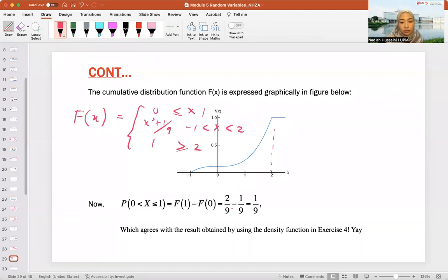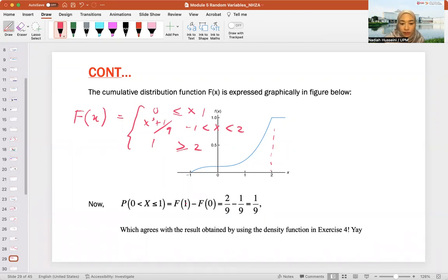They're asking you to find the probability from 0 to 1. If you have this function already done, you just plug in the numbers. F of 1 minus F of 0 will give you the answer.